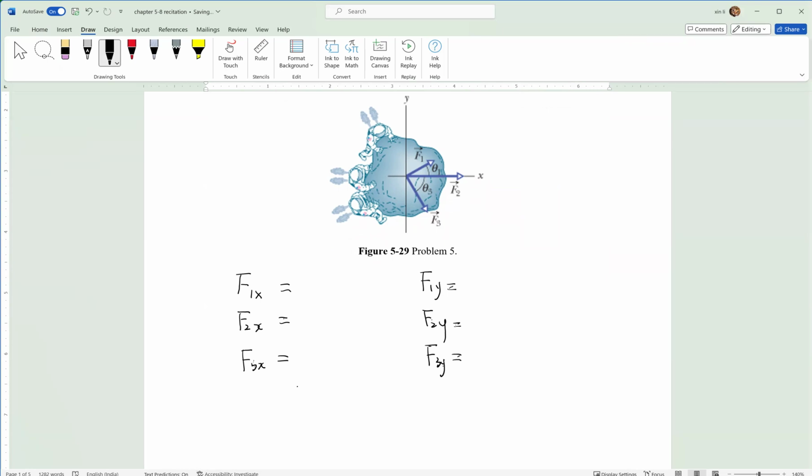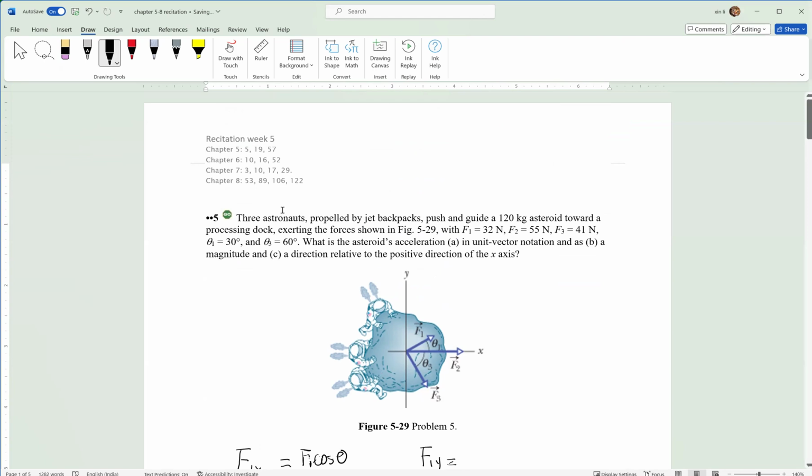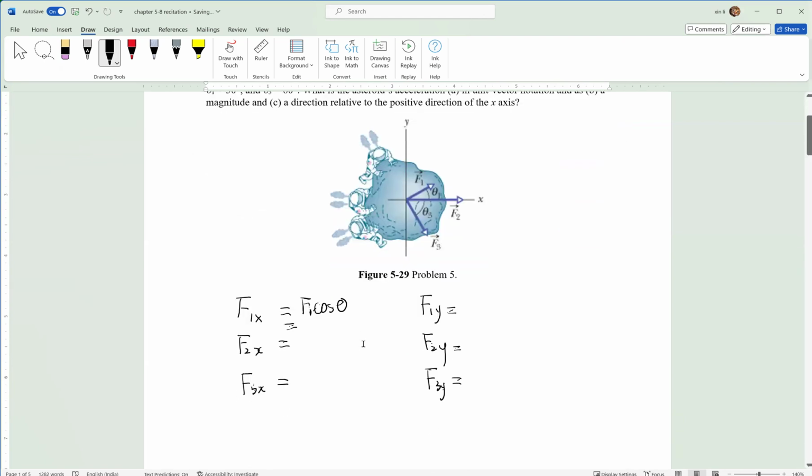Okay, so let's try to do the x component for F1. F1 here, this is the angle. We should do F1 cosine theta. F1 is 32 Newtons. You can go back to the problem. F1 is 32 Newtons. The angle is 30 degrees. So it's 32 multiplied by cosine 30. The x component is the cosine, okay? And then you are going to get 27.7 Newtons.